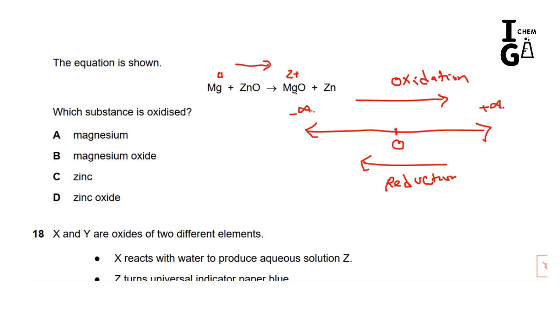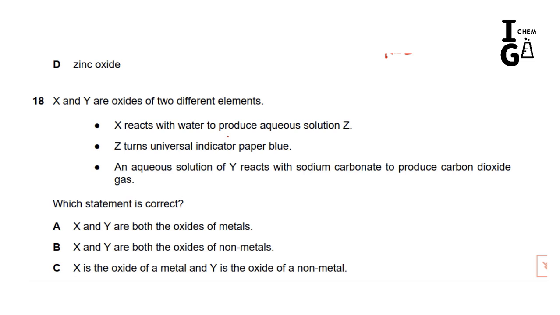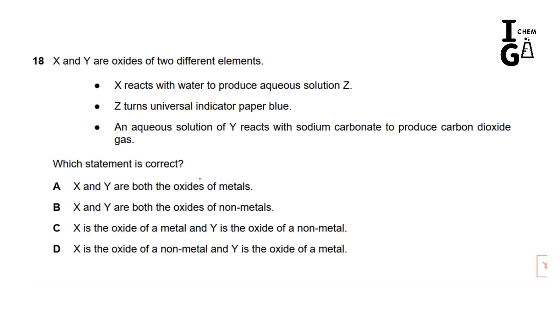If we apply this here, Mg is 0 and now it's 2 plus, so it's towards the positive, so this one is oxidation. So which substance is oxidized? Actually, it should be magnesium. Okay, so this is an easy way to know the direction of oxidation and the direction of reduction.